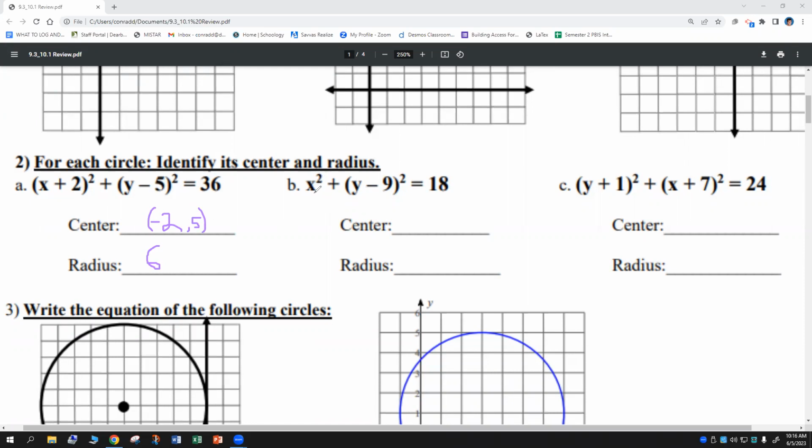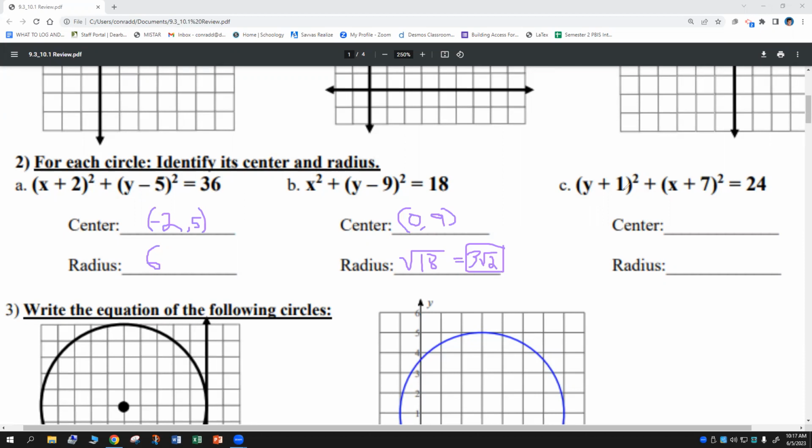All right, this one, x squared is just like (x - 0) squared. So we have 0 and then 9 for my center. And then my radius is going to be the square root of 18, which can be split into 9 times 2, so 3√2 is the simplified answer.